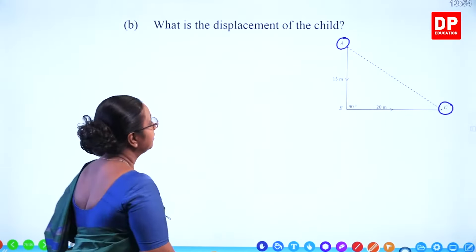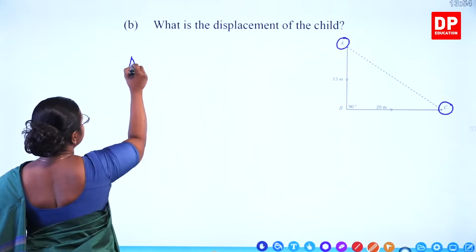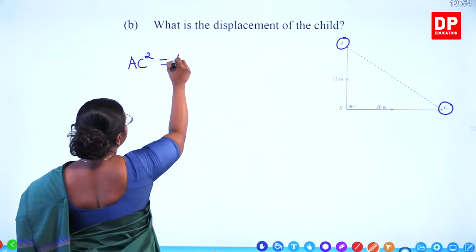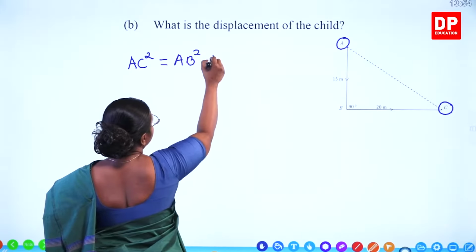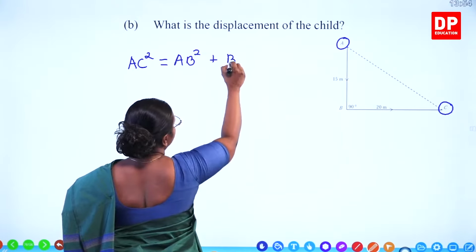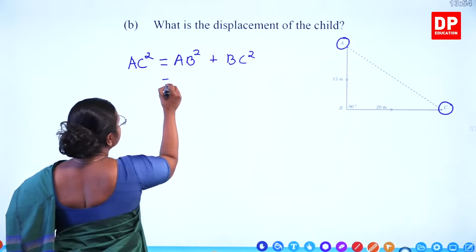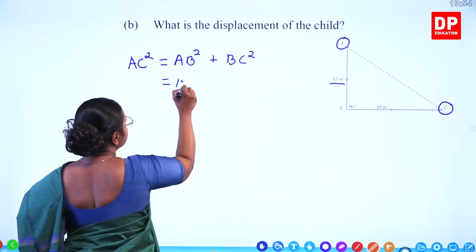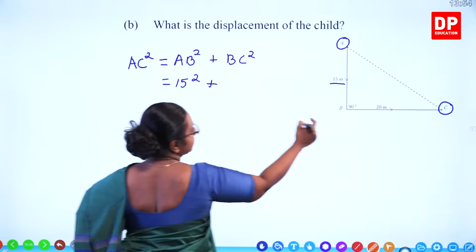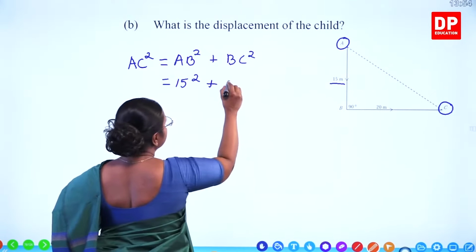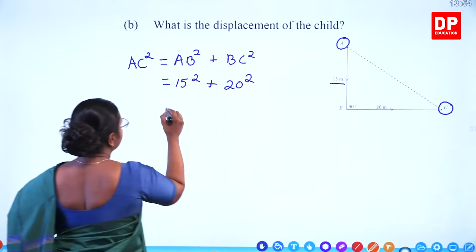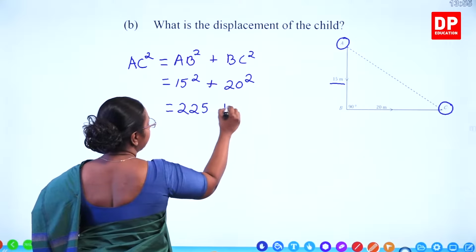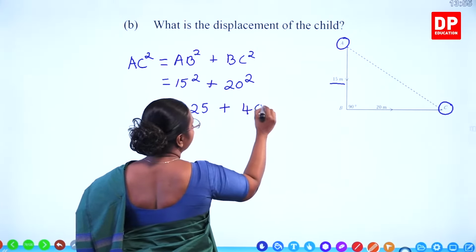So, to do that, we have to use this equation: AC squared is equal to AB squared plus BC squared. So here the AB, you know the value, 15 meters. So that has to be 15 squared plus BC 20 meters, 20 squared. So 15 squared is 225 meters plus 20 squared is 400.